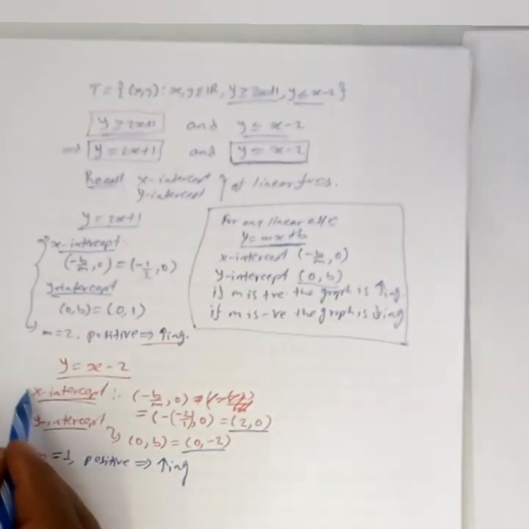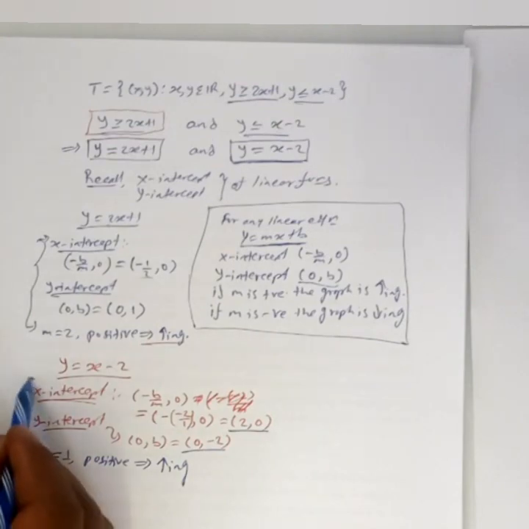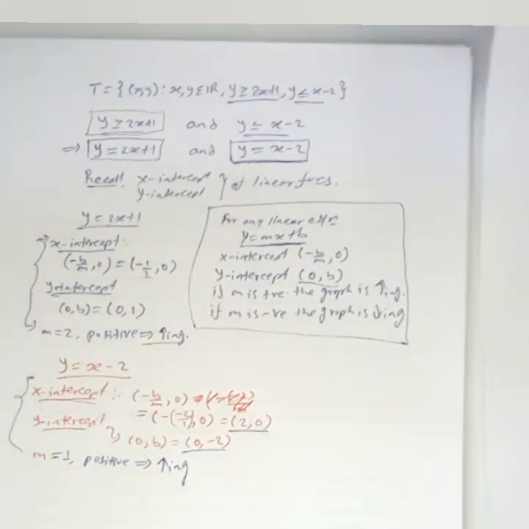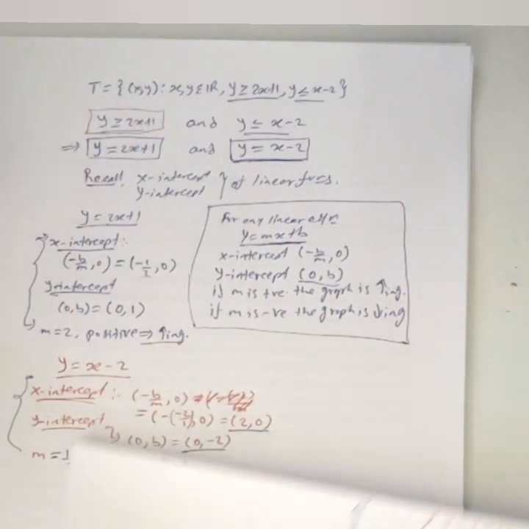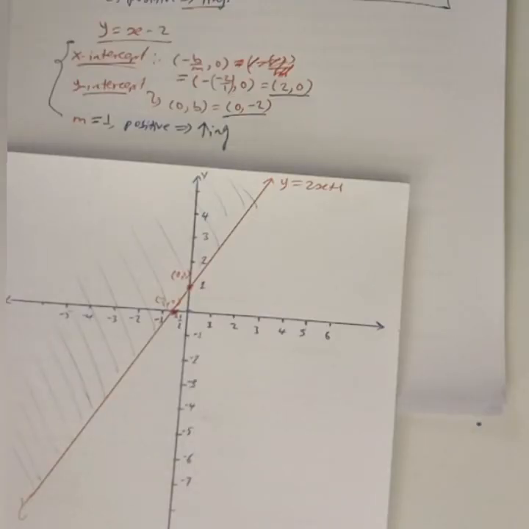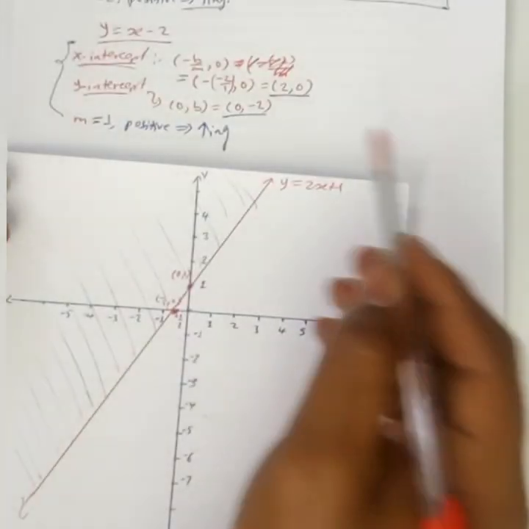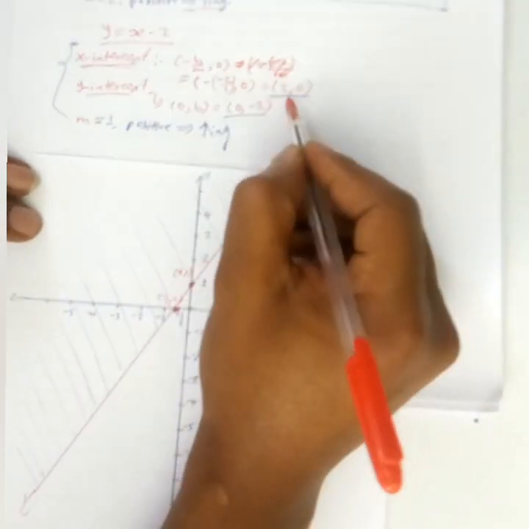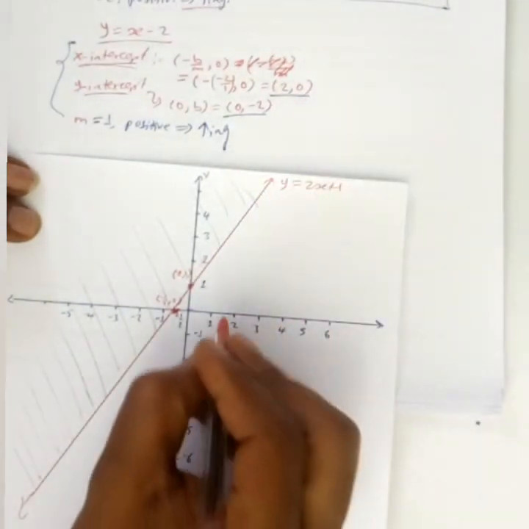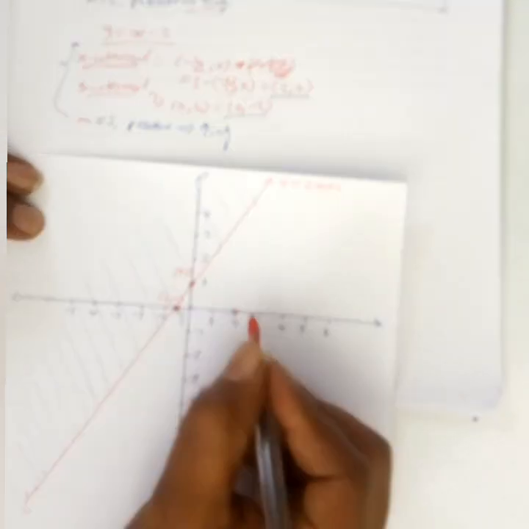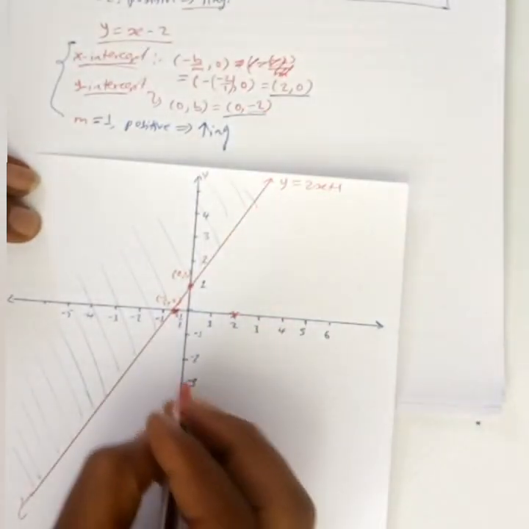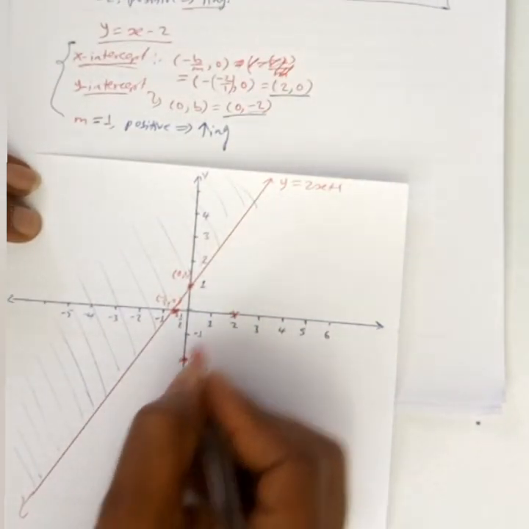Now, putting all these important concepts on our coordinate axis, we will obtain the following result. The first thing is to put the x-intercept, that is the graph touches the x-axis at 2 and the y-axis at negative 2. And it is an increasing graph. We will have the following form.